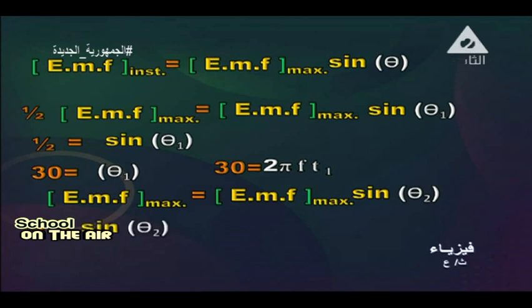So sine theta 2 equals 1, theta 2 equals 90. So 90 equals 2 pi ft. Now we can compare the 2 times, T1 to T2. So it's quite clear, when comparing T1 to T2, it is 3 times T1.